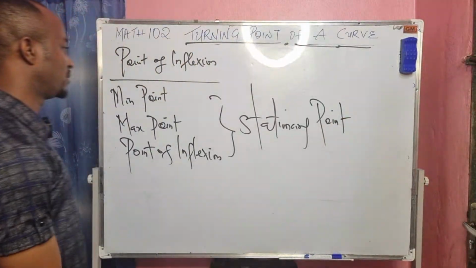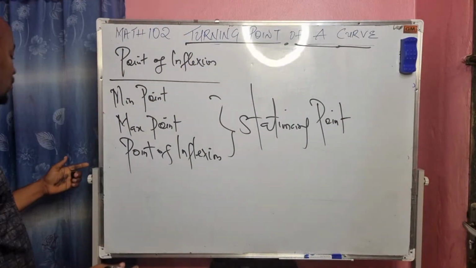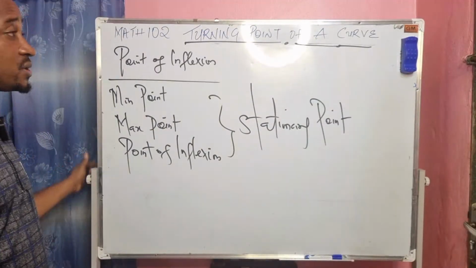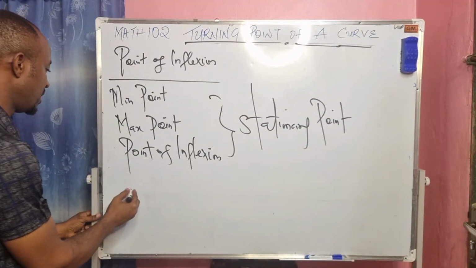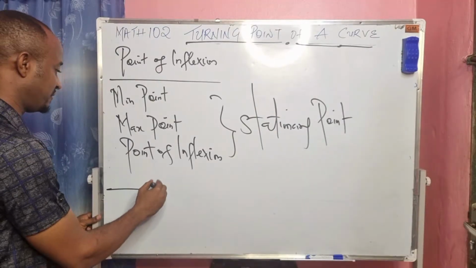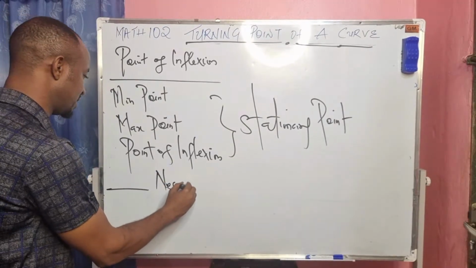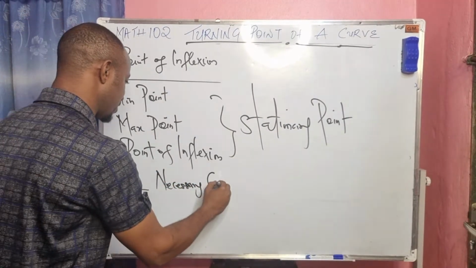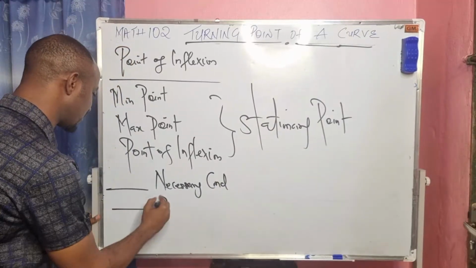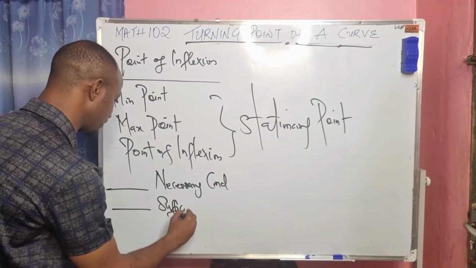One thing we should take note of is that these 3 points obey the 2 conditions under turning point of a curve. The first is the necessary condition, and we have the sufficient condition.